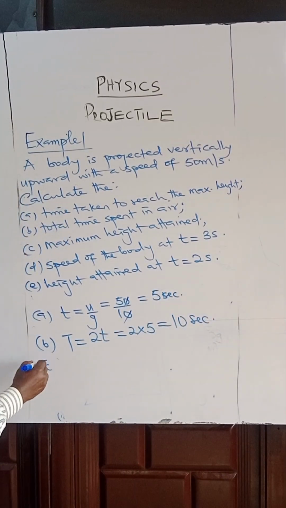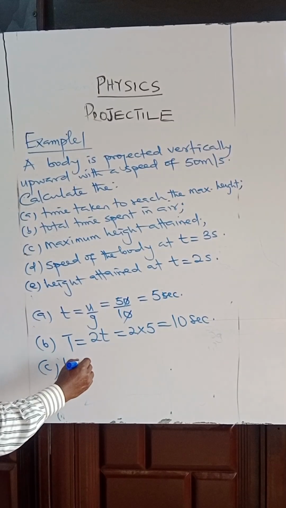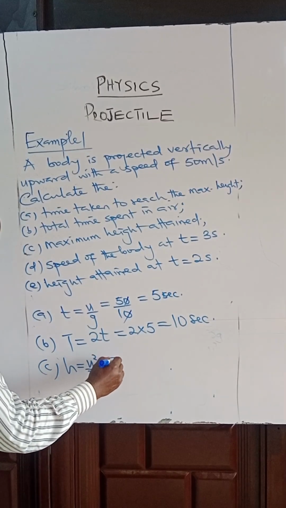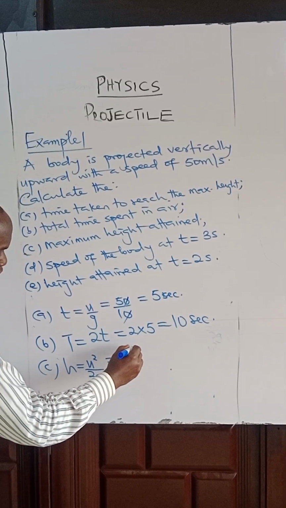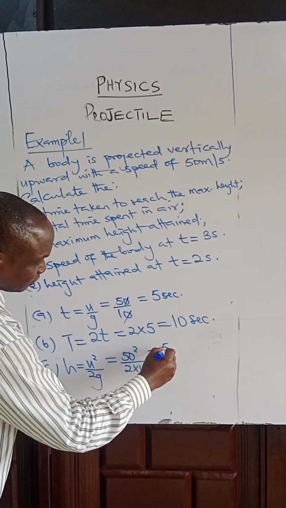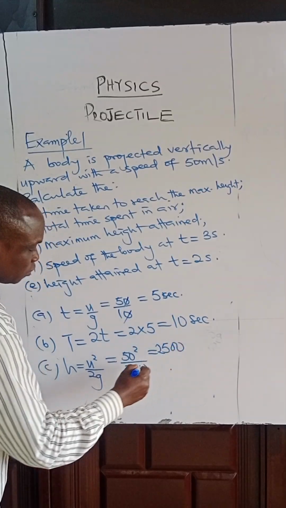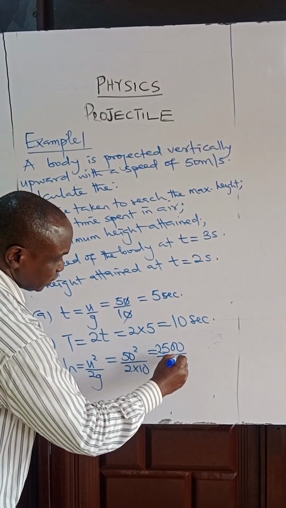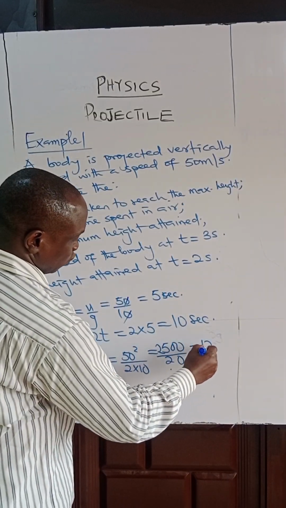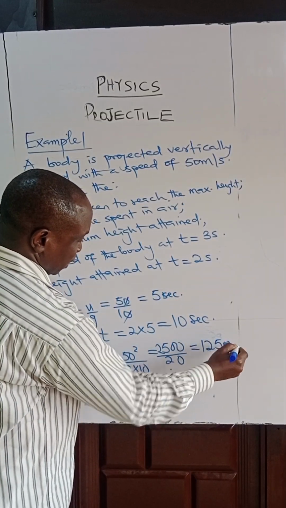C, calculate the maximum height attained. h equals u squared over 2g, which we have derived. So 50 squared over 2 times 10, that is 2500 over 20, which gives you 125 meters.